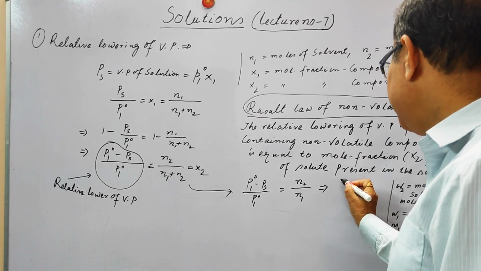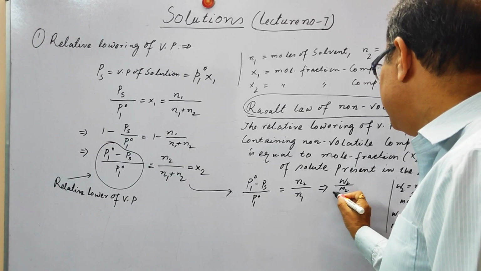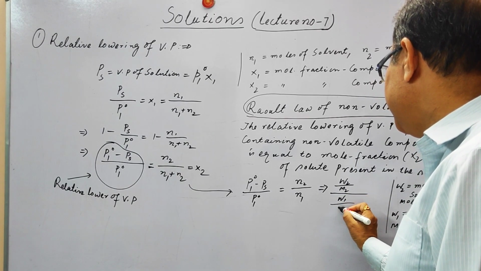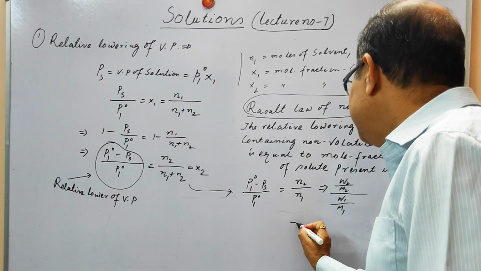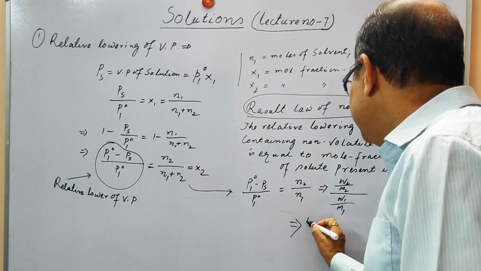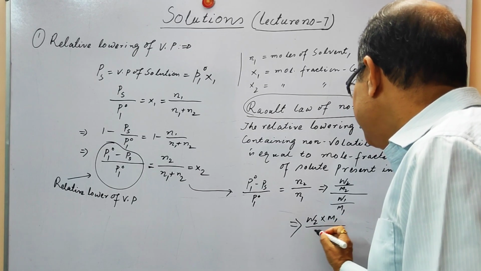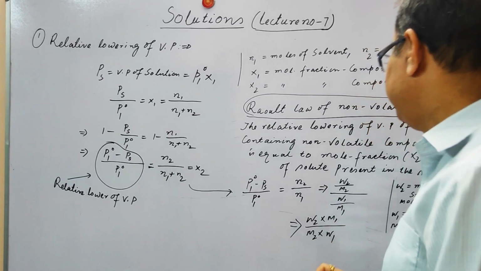So we can put W2 by M2 divided by W1 by M1. So we can write this as W2 into M1 divided by M2 into W1.